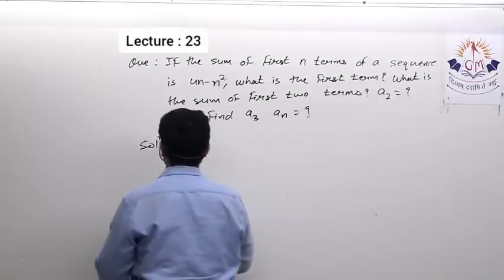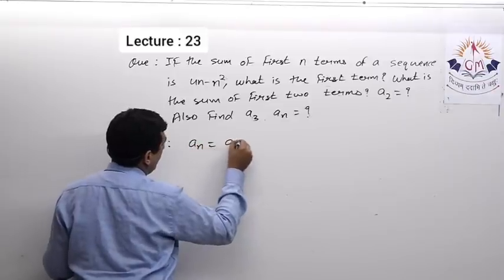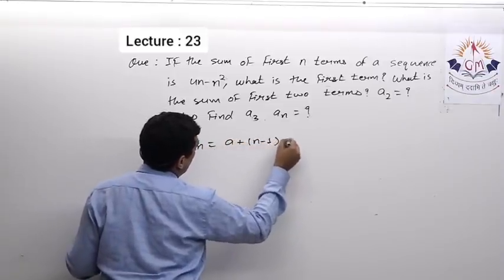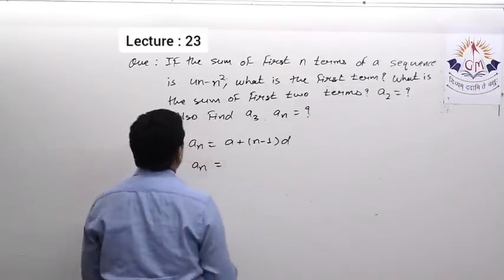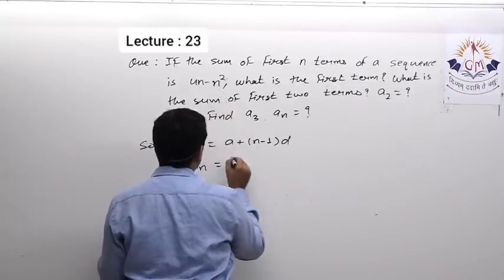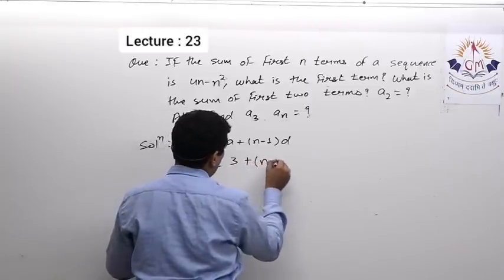Okay, so now an is equal to a plus n minus 1 into d. So what was a? A was 3. And what was d?